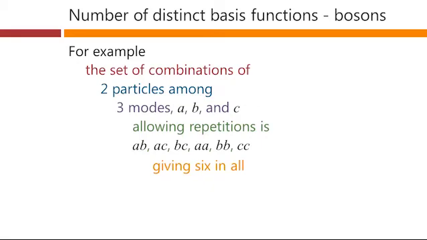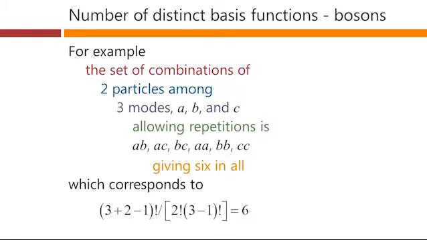And that gives 6 in all, and that does indeed correspond to the result we would get from that formula, (m plus n minus 1) factorial over n factorial times (m minus 1) factorial, and that is 6, which you can check.